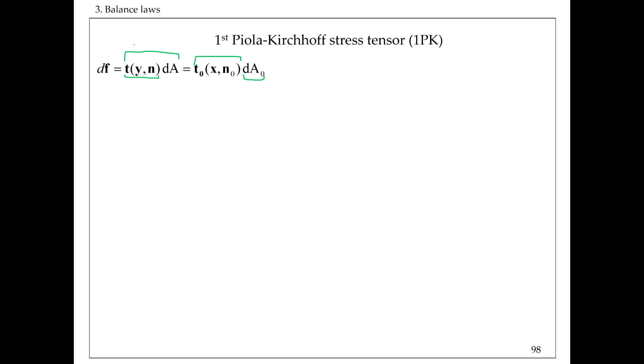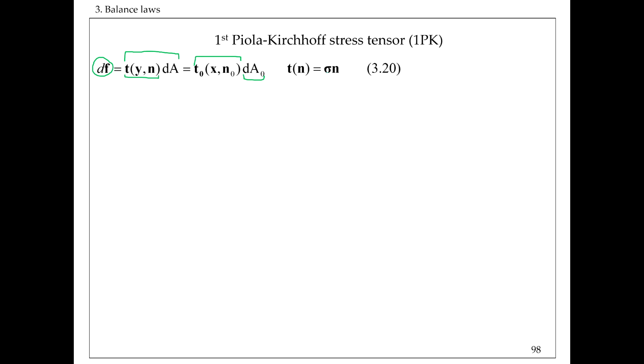So, of course, they need to produce the same resultant force that is acting on that small element. Now with that, we could use the Cauchy theorem, connecting the traction and the stress, right? So this is our Cauchy theorem.